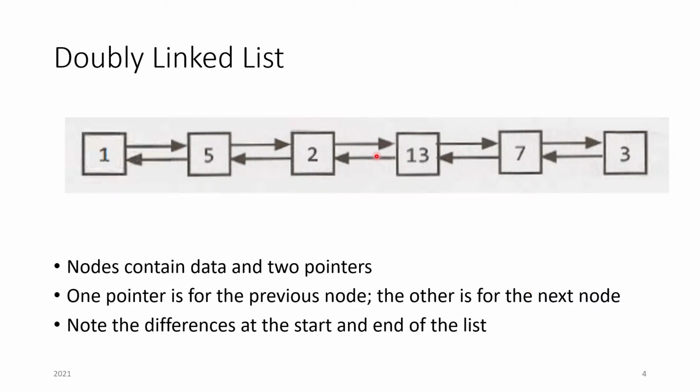In your doubly linked list, the nodes contain data and two pointers. In this case, the pointers point towards your next node and towards your previous node. One thing to note is that for the start node and the end node of the list, the values of the pointers are going to be different.